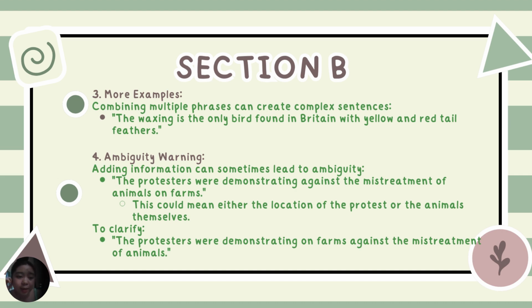Third, more examples. Combining multiple phrases can create a complete sentence. The waxwing is the only bird found in Britain with yellow and red tongue feathers. Fourth, ambiguity. Adding information can sometimes lead to ambiguity.